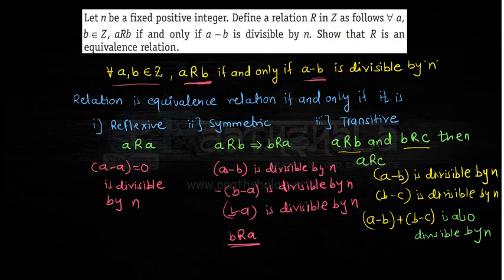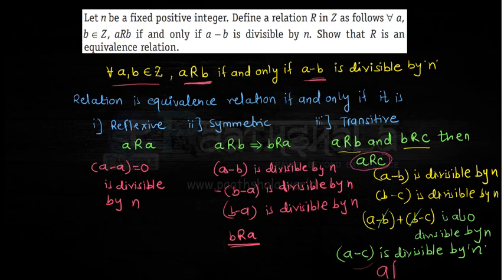We can see minus b plus b get cancelled out, so we can write a minus c is divisible by n. We have to show that a is related to c, and so a is related to c. Hence the given relation is transitive as well.